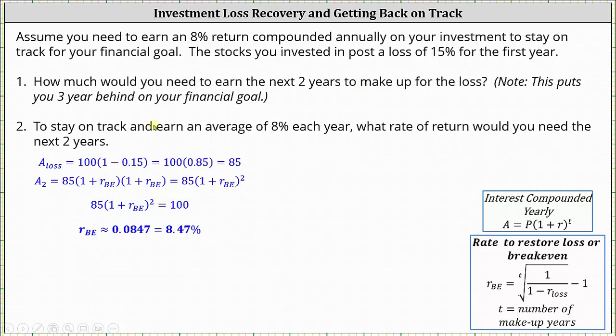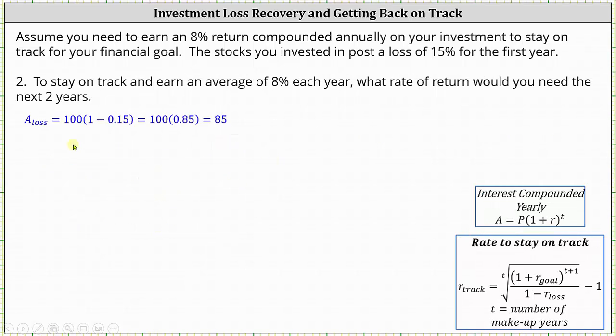To stay on track and earn an average of 8% each year, what rate of return would you need the next 2 years? Well, we already know the account balance after the loss is $85, and now we need to determine what the account balance should be after 3 years if you did earn 8% interest compounded annually for the first 3 years.